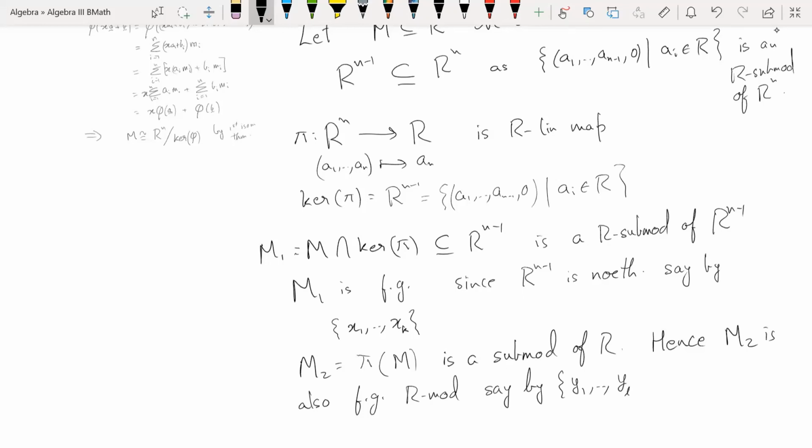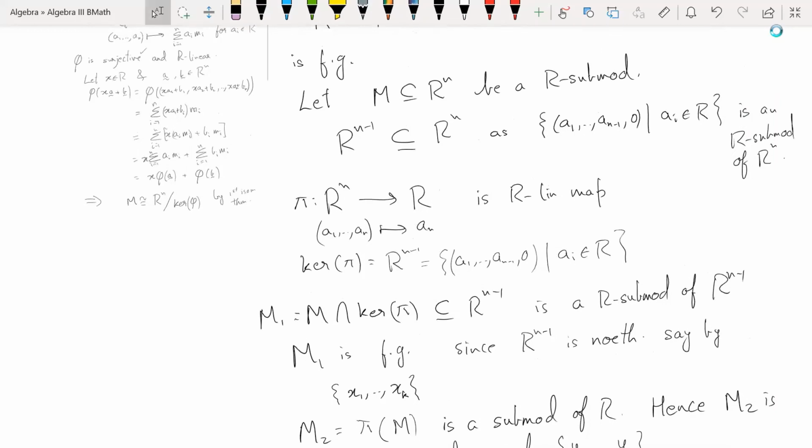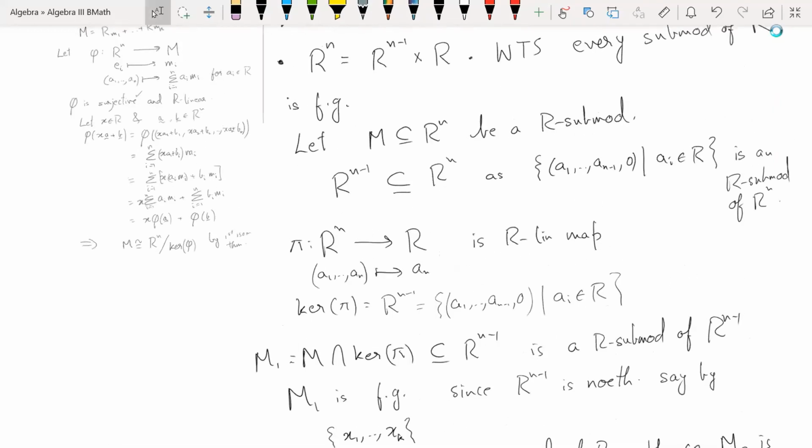So what I'm trying to do is consider part of it in R^(n-1) by taking the intersection of M with R^(n-1), the first n-1 factors, declaring the last factor to be 0. And then I'm considering another module which is the image of M in R, which I call M2, and that also is finitely generated.